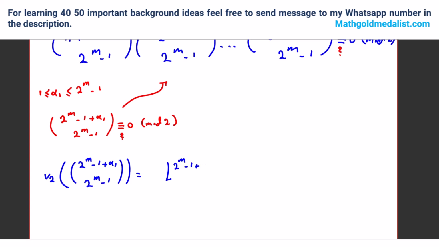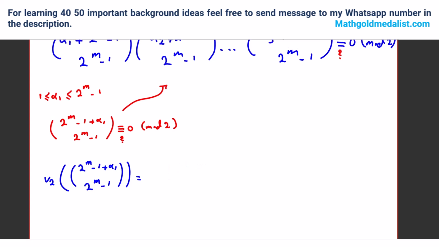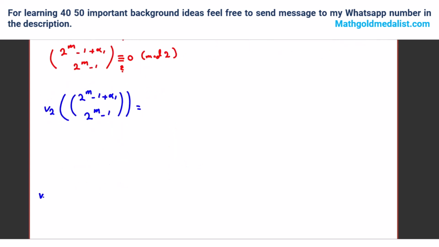At first, let me ask you this. V2 of n factorial is what? Floor of n over 2 plus floor of n over 4 plus floor of n over 8, and so on.